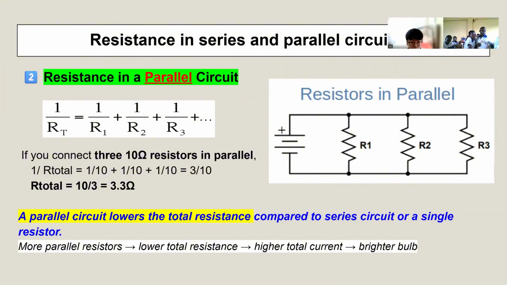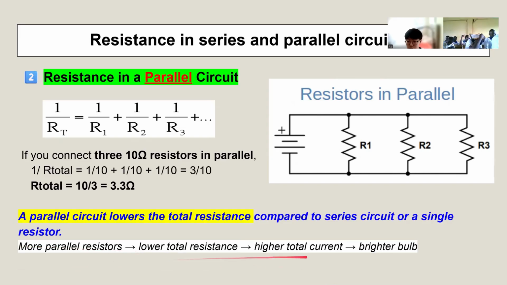So if there are more parallel resistors, that means there will be lower total resistance, and therefore, what happens if we have lower resistance? There will be higher total current, right? Higher current because there's less resistance, and therefore a brighter light bulb.